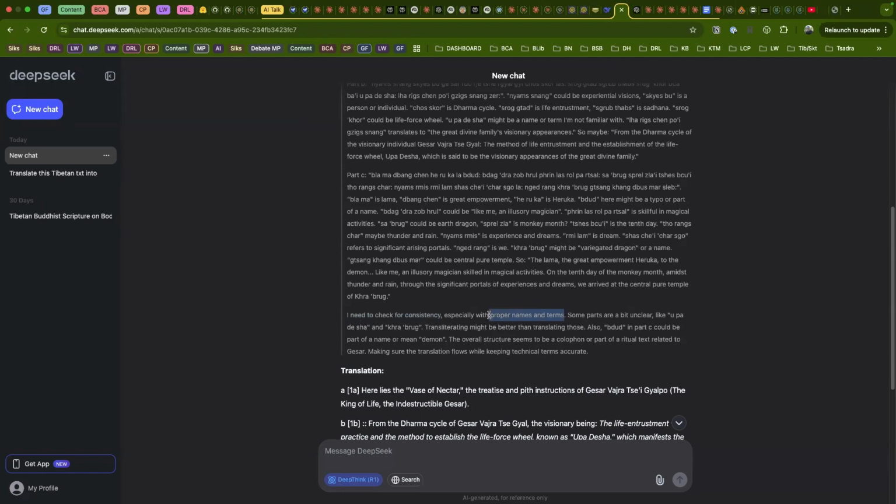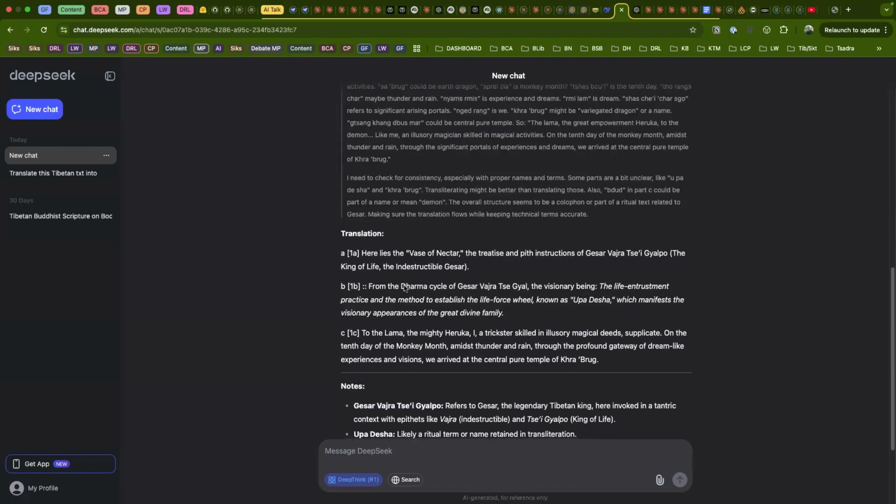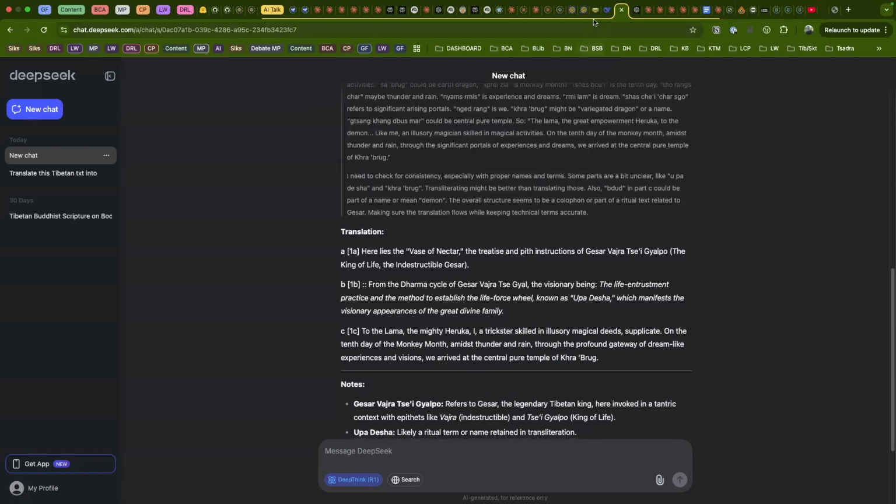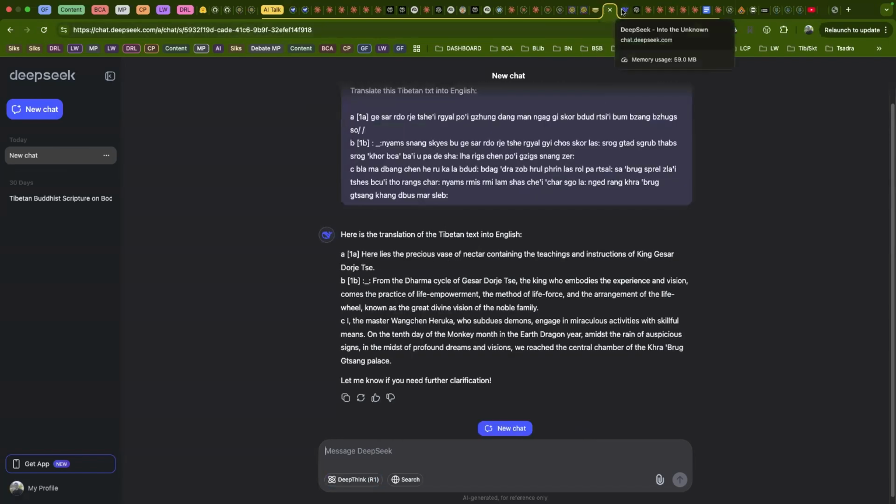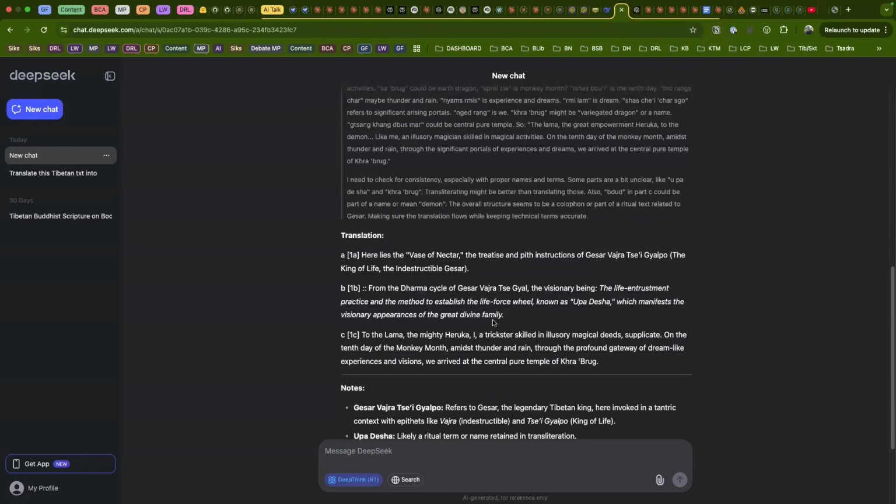Where do they start? Where do they end? It's a question we're facing too as humans, and that's definitely what the model has to make sense of too. So some parts are a bit unclear, Chadrut and then Nupadesha. A lot of different questions, and then it comes up with a translation. It is better than the non-reasoning version of DeepSeek, but still a little bit far off.